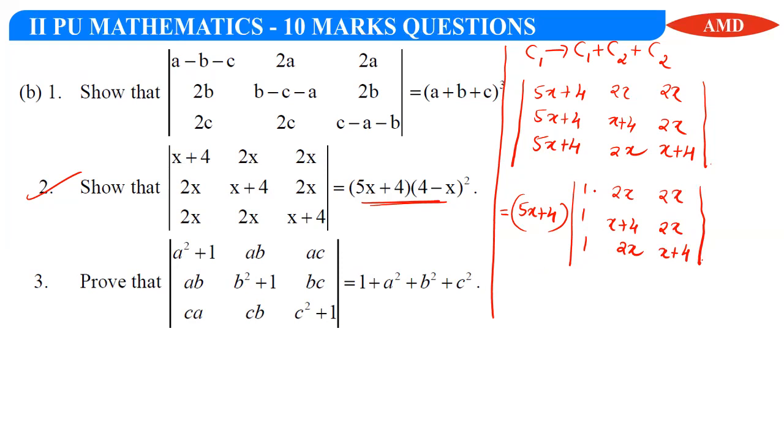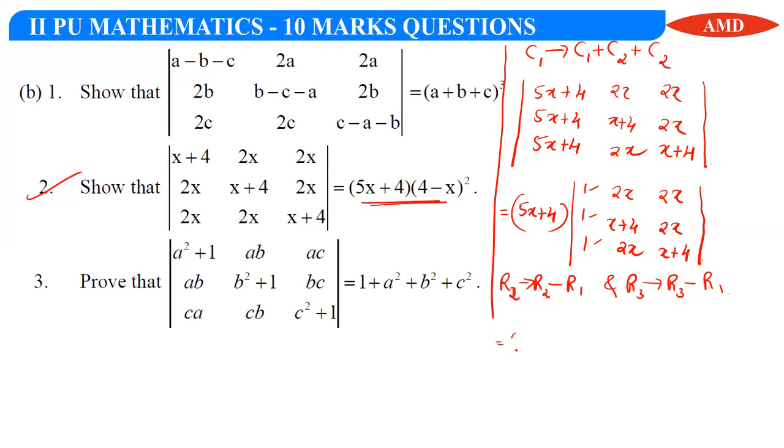Now, whenever you find 3 ones, what you should be doing is try to make any two of them 0. So let me make use of this operation. R2 is equal to R2 minus R1 and R3 is equal to R3 minus R1. So when I use this operation, what happens?